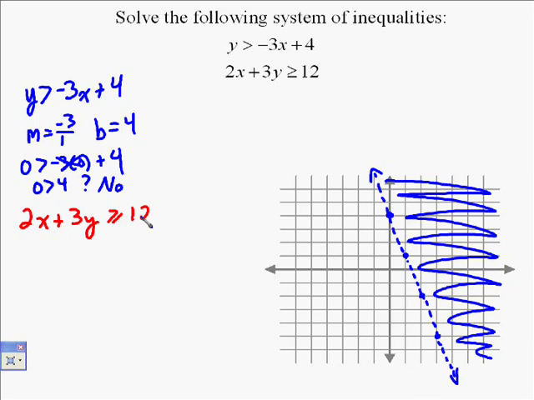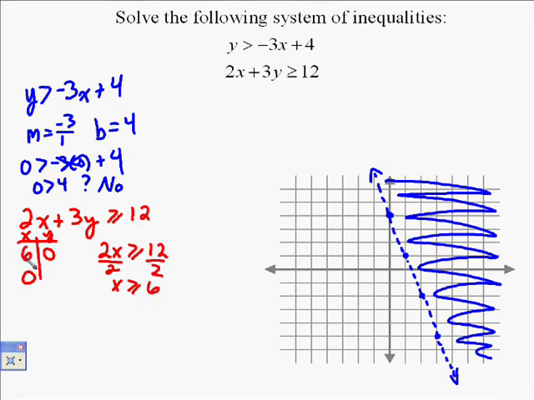On this particular one, I'm going to use the x and y-intercept method to graph. When you do this, you put in 0 for y to get the x-intercept, and then you put in 0 for x to get the y-intercept. So start by putting in 0 for y. That leaves you with 2x greater than or equal to 12. Divide both sides by 2, and you end up with x greater than or equal to 6.